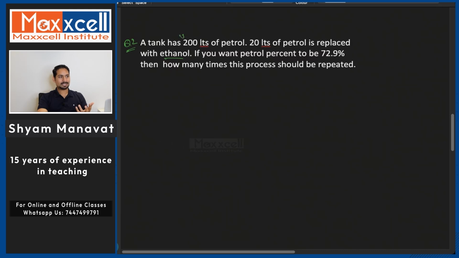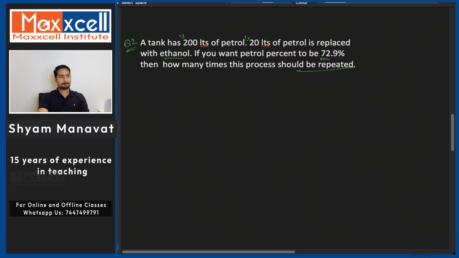So here you have 200 liters of pure petrol. You got petrol here, which is adulterated with ethanol. Okay, if you want the percentage of 72.5% of petrol, then how many times should this process be repeated? That's the question. So let's see how it works.